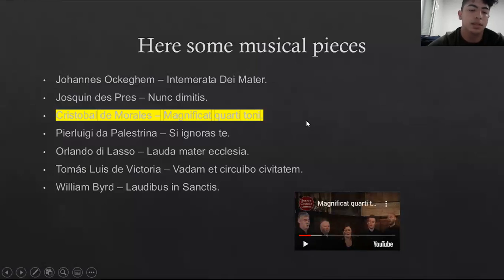Well, here is a little taste of the music in the Renaissance, and I chose this piece because I can identify the complex fusion of instruments and voices, a fusion that sounds really good.